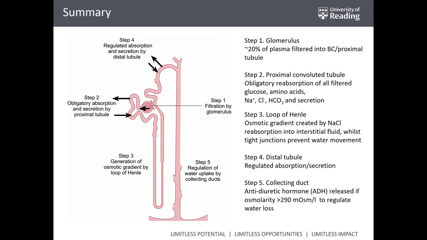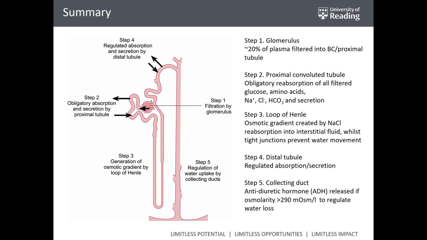In step 3, in the loop of Henle, the osmotic gradient is created by sodium chloride reabsorption into the interstitial fluid, while the tight junction prevents the movement of water. Step 4, in the distal convoluted tubule, is where we regulate the absorption and secretion of ions and water. Step 5, in the collecting duct, the antidiuretic hormone works and is released if the osmolarity is more than 290 milliosmoles per liter, to regulate the water loss.